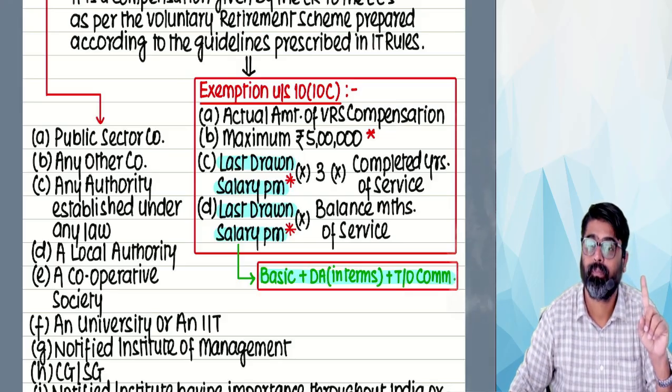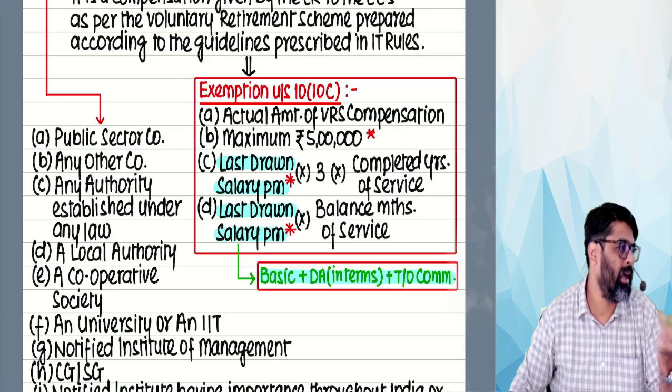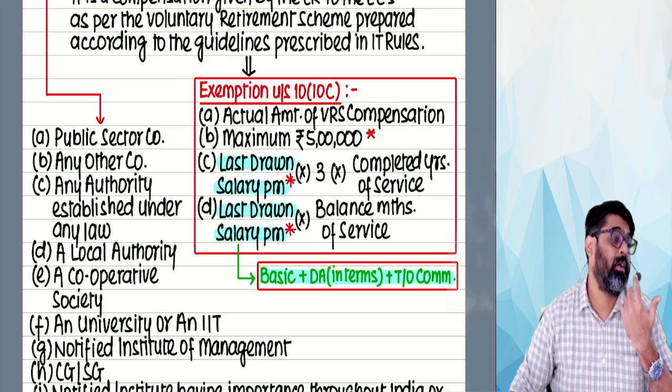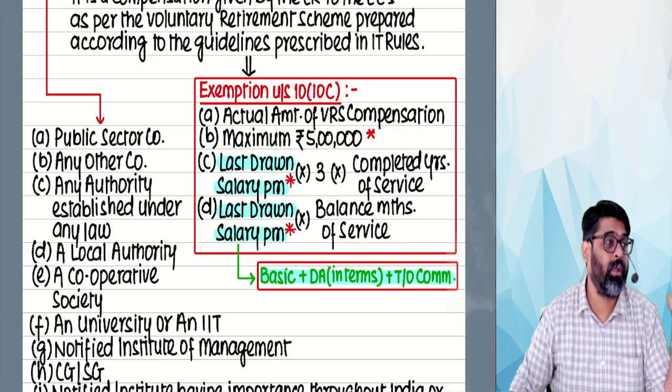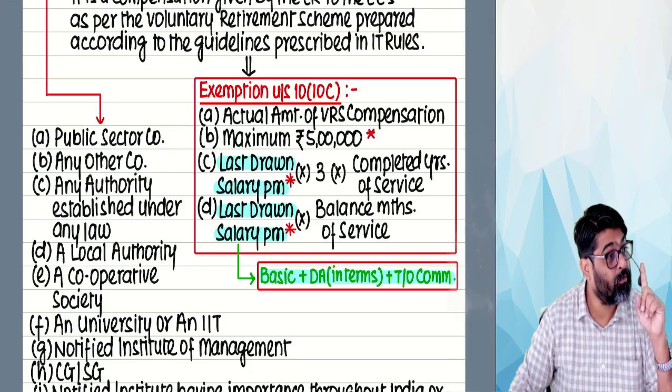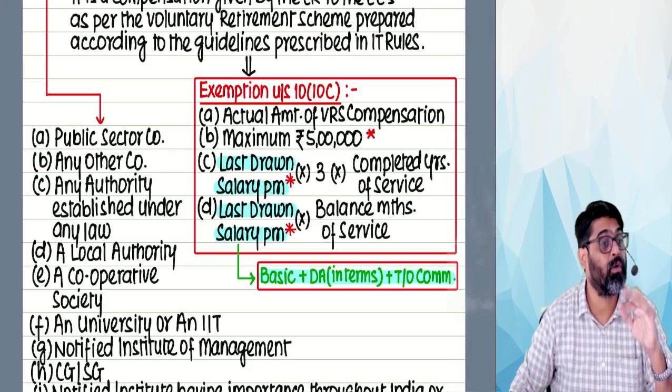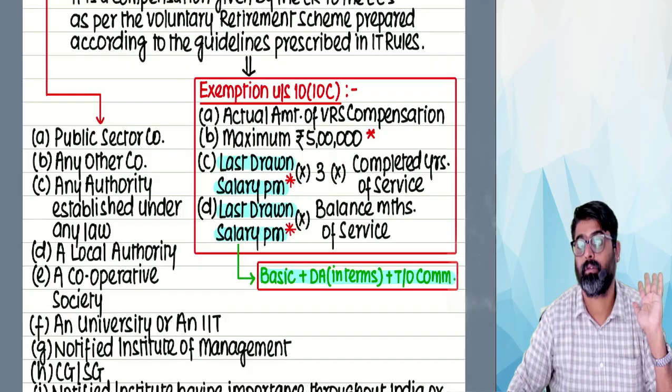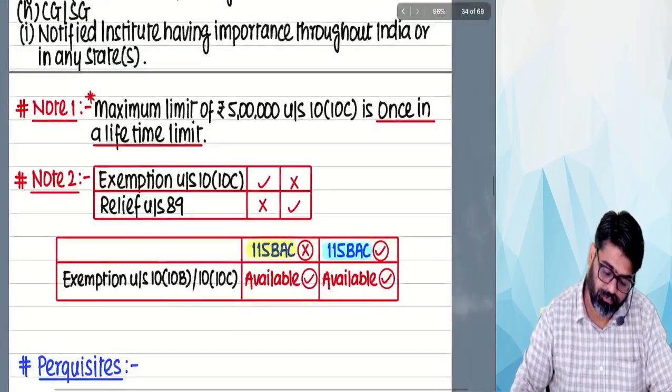Getting my point? So you can join as many companies, you can take VRS from as many companies, but don't come for exemption every time. Exemption will be available only once in your lifetime, and that also maximum 5 lakh. Understanding?